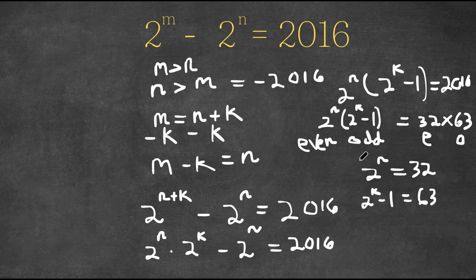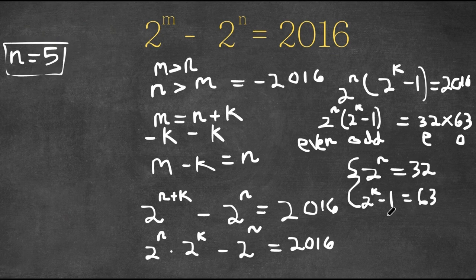So if 2 to the power of n is equal to 32, then n is equal to 5, because 2 to the power of 5 is equal to 32. And we have 2 to the power of k minus 1 equals 63. If we add 1 on both sides, we get 2 to the power of k is equal to 64, meaning k is equal to 6.